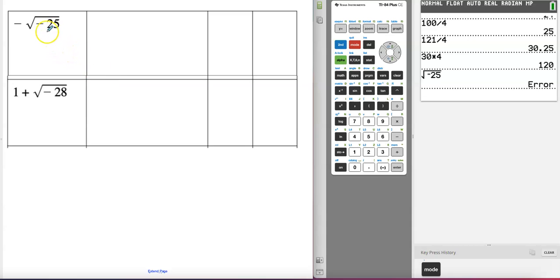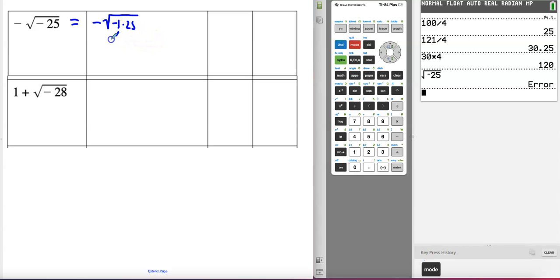So now this time I have negative times the square root of negative 25. So again, I'm going to take the i out, okay? Now, there's already a negative outside of that square root, so don't get that confused, okay? Since there's a negative out there, you treat that negative as if it's a negative 1. And so negative times the square root of negative 1 times 25 still, okay?